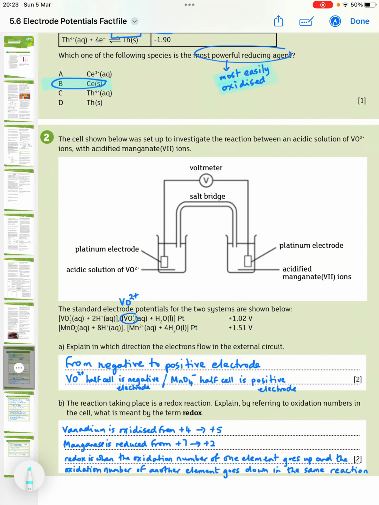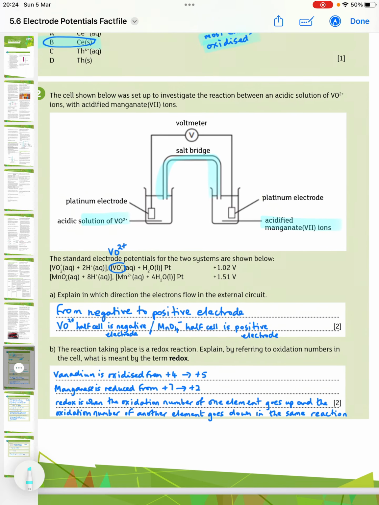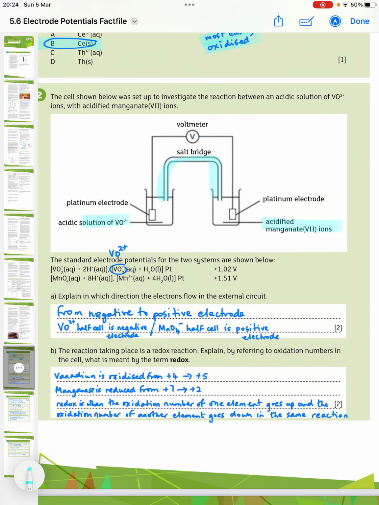Okay, question 2. The cell shown below was set up to investigate the reaction between an acidic solution of VO2+ ions with acidified manganate 7 ions. You see here we've got platinum electrodes, the solution of VO2+ on the left, the manganate ions on the right, and a salt bridge in between. The standard electrode potentials for the two systems are shown below.